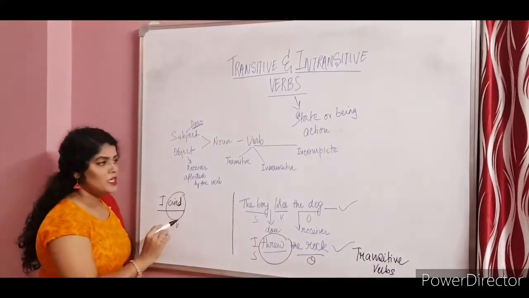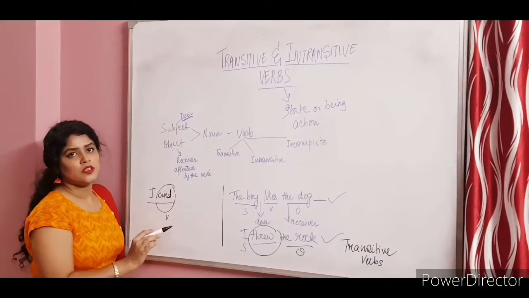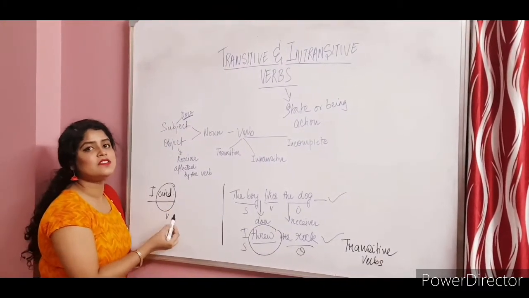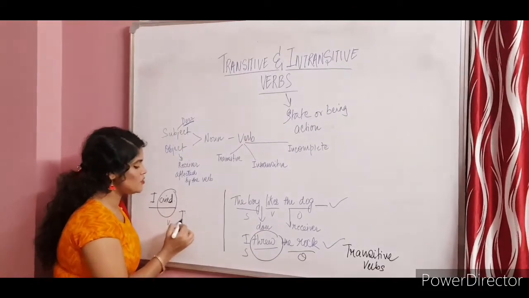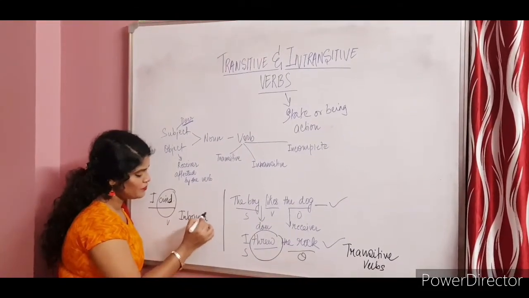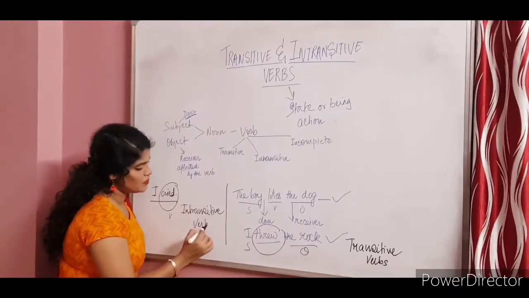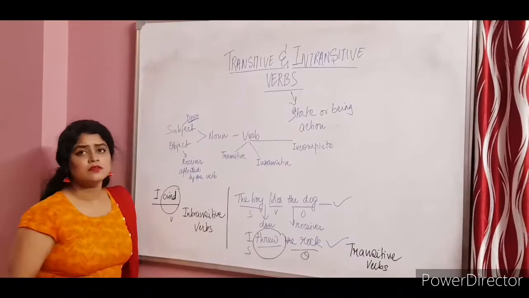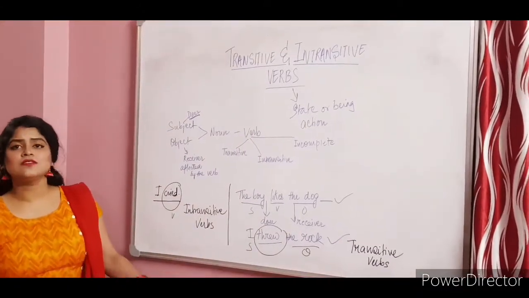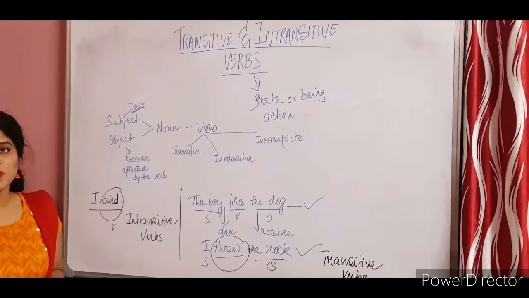And here, verbs that do not require any object to complete their meaning, being self-sufficient in themselves, are known as intransitive verbs. Because the action is not being transferred, there are no objects to be affected by the work.